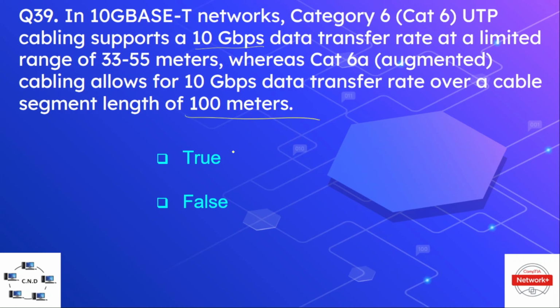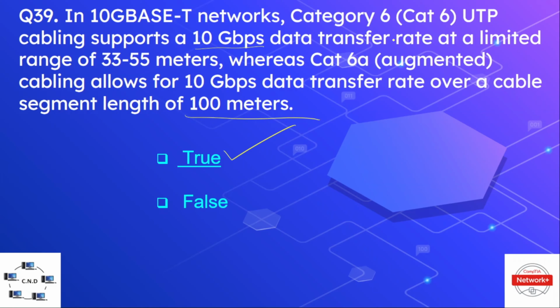So we have two options, true or false, whether this statement is true or false, and the correct option is that this 10G base T has a data rate of 10 Gbps with a cable length range of 33 to 35 meter, while the Cat 6A has the same data rate but has a maximum segment length of 100 meter, and this is true.